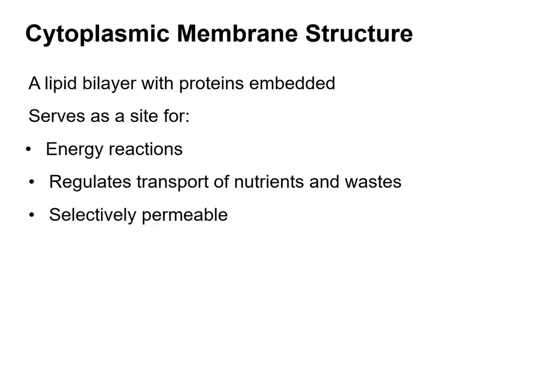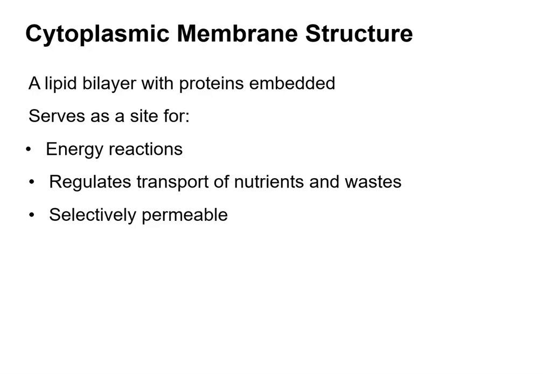All right, so even though the cells are separated from their environment by a cell wall and a plasma membrane, they still have to interact with their environment to obtain nutrients, maintain water balance, exchange gases, and dispose of waste products. So we typically describe a membrane as being selectively permeable. It's going to allow certain materials to move across the membrane so that these materials can move in and out of the cell, so that the waste can move out of the cell and the nutrients can move in.